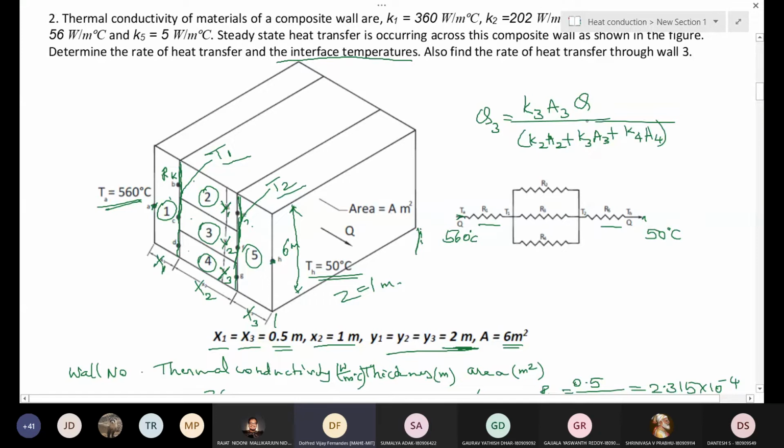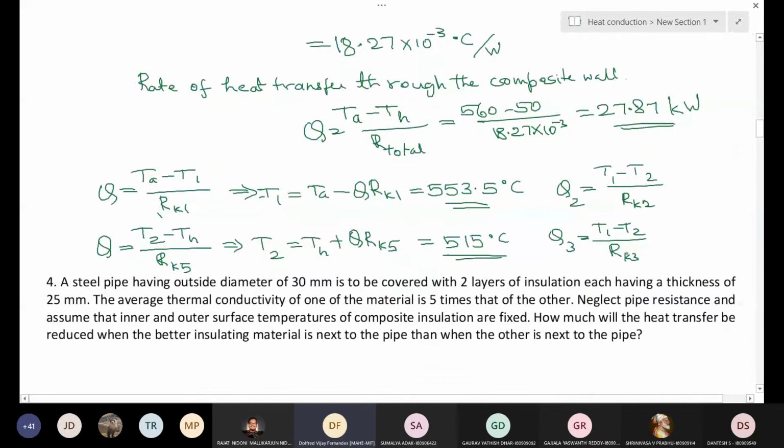Simply using this, we can calculate it. Check it. What is the value you will get for Q2 or Q3 calculated using this?